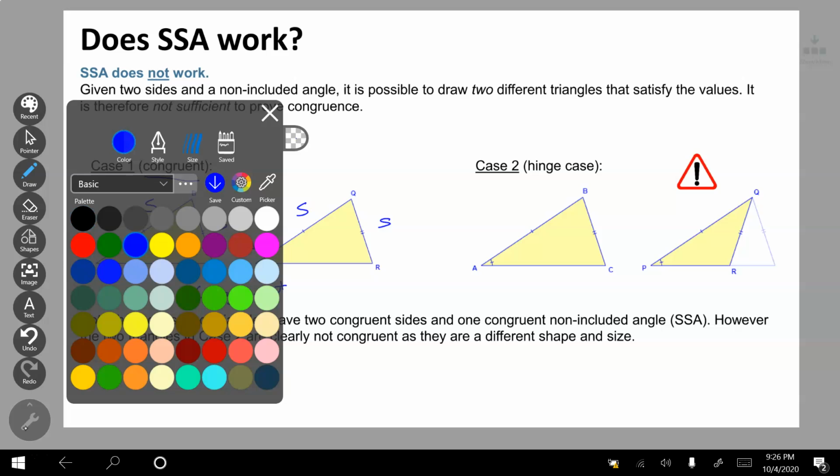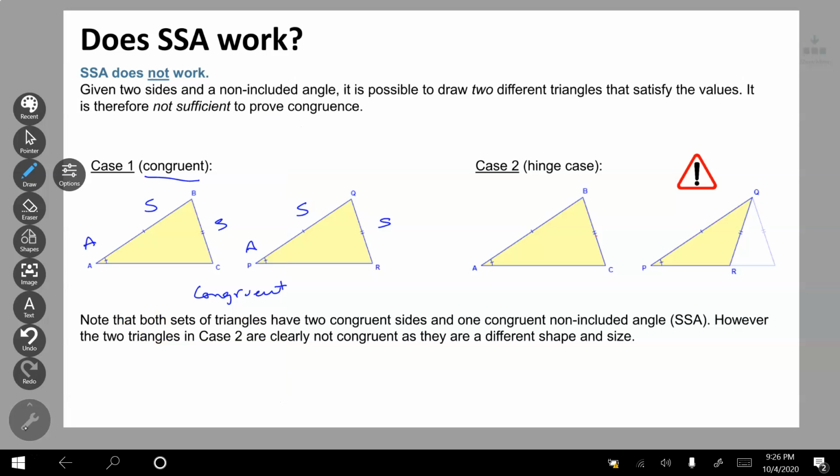So if we look carefully at this next case, this side BC is the same as this side QR, and then the side AB is the same thing as PQ, so we have side and side. And this angle here at A is the same as angle here at P, but there's no way that these two are congruent.